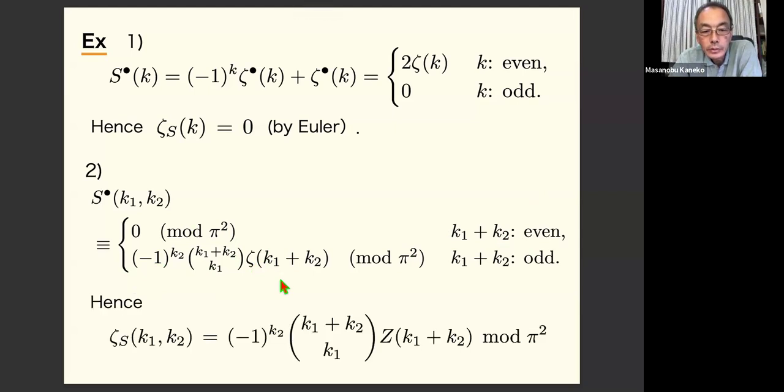Hence, in this quotient ring, Z modulo pi squared Z, this is equal to, this is a typo, sorry, this capital Z is not a capital Z, it's zeta. Riemann zeta of k1 plus k2 modulo pi squared.